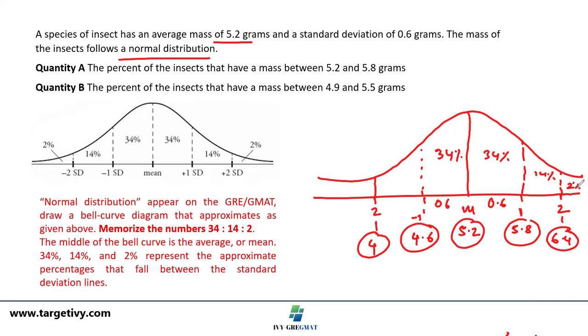The percentage of insects that have a mass between 5.2 and 5.8, between these two, 5.2 and 5.8, this is equal to 34%.